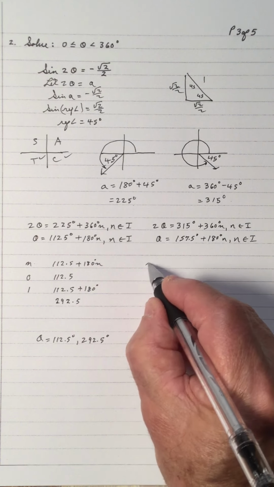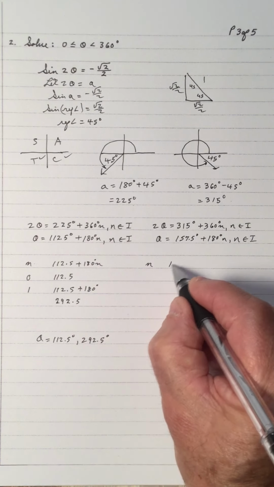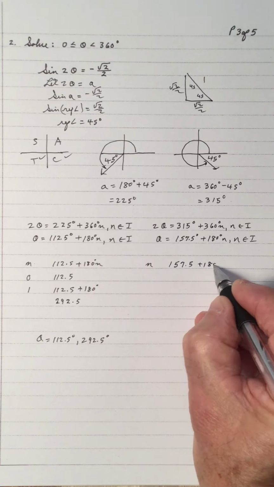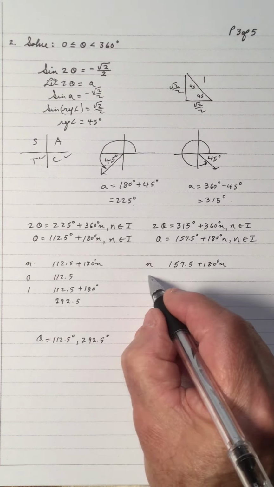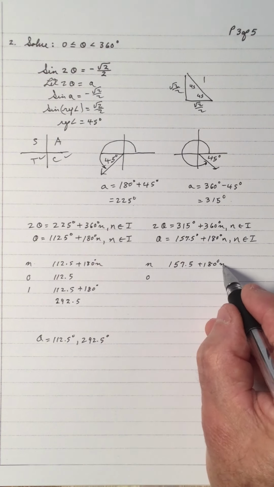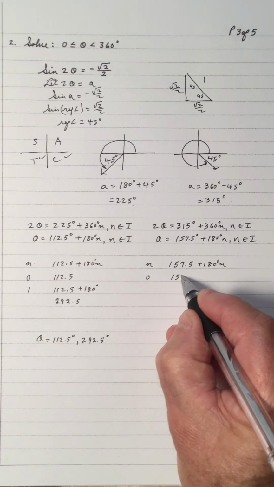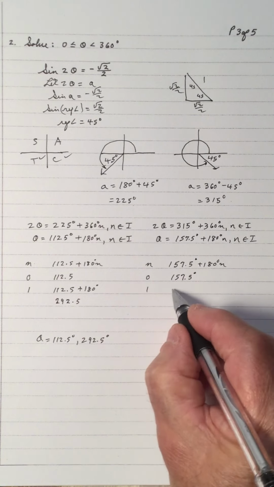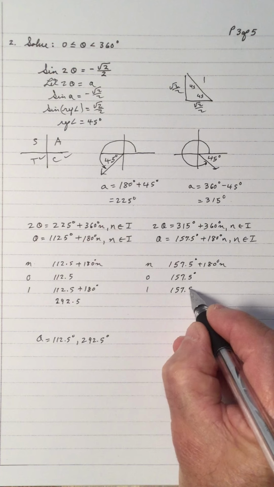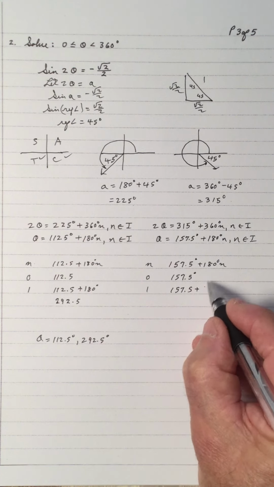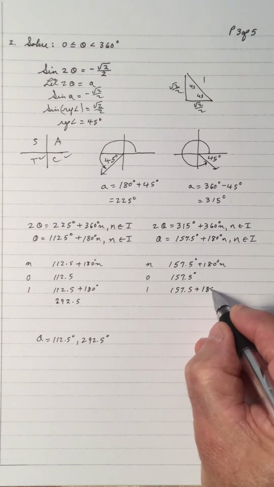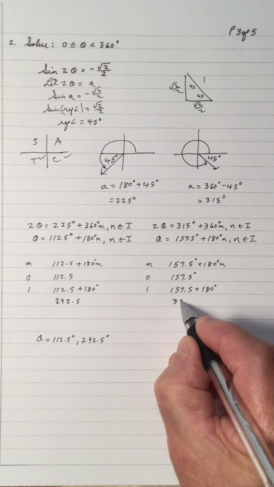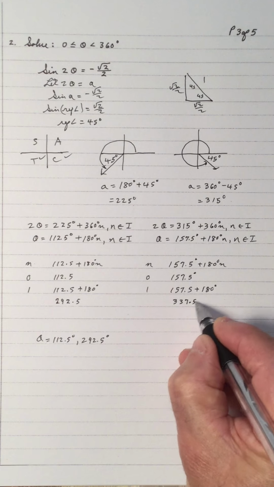So let's work out this one. Here we got 157.5, add on 180n. So we put a 0 in, 180 times 0 is 0, so we get 157.5 degrees. Put 1 in, we get 157.5 plus 1 times 180, so we add that up and we get 337.5.